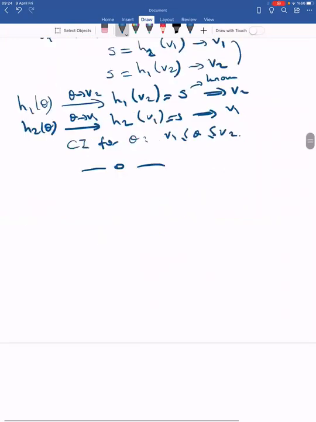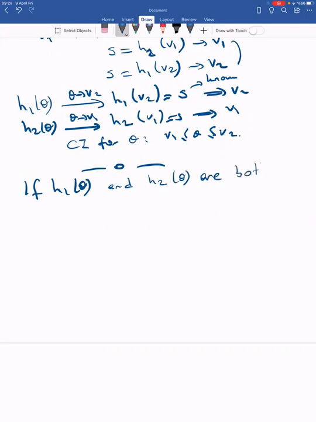So if h1(theta) and h2(theta) are both decreasing functions of theta, then we just reverse the values of v1 and v2.